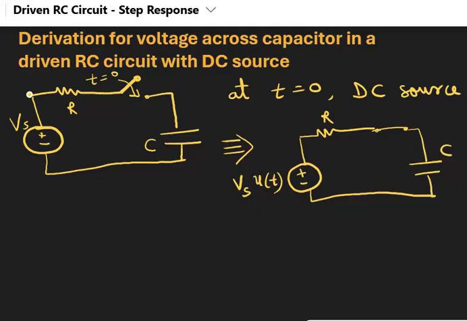In a similar way as we applied the KCL in the source free circuit, here also we will apply the KCL for the source driven circuit. Consider this as a node where the voltage across the capacitor is Vc. So the node voltage is Vc.